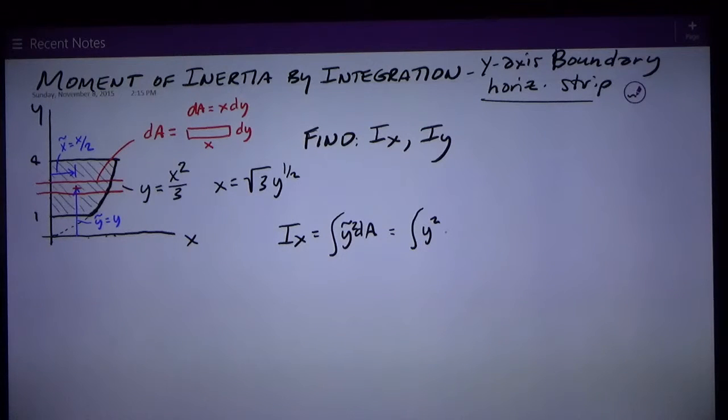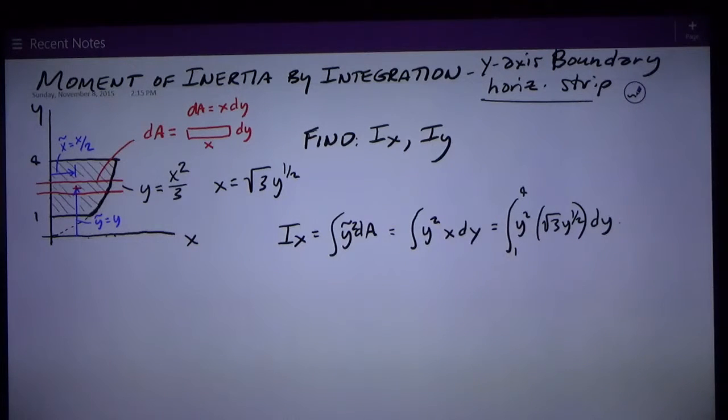Times dA, and dA is a little rectangle, x by dy. So now we can start plugging in numbers that we know. We want to evaluate it from 1 to 4 along the y-axis. Well, y squared, x is equal to that value that I just rearranged the curve equation for, square root of 3 y to the 1/2 power, and dy.